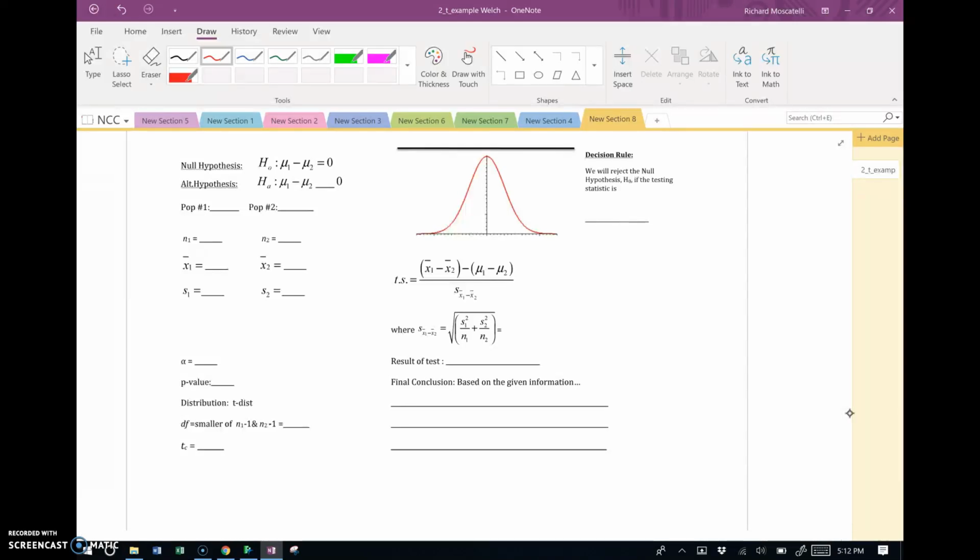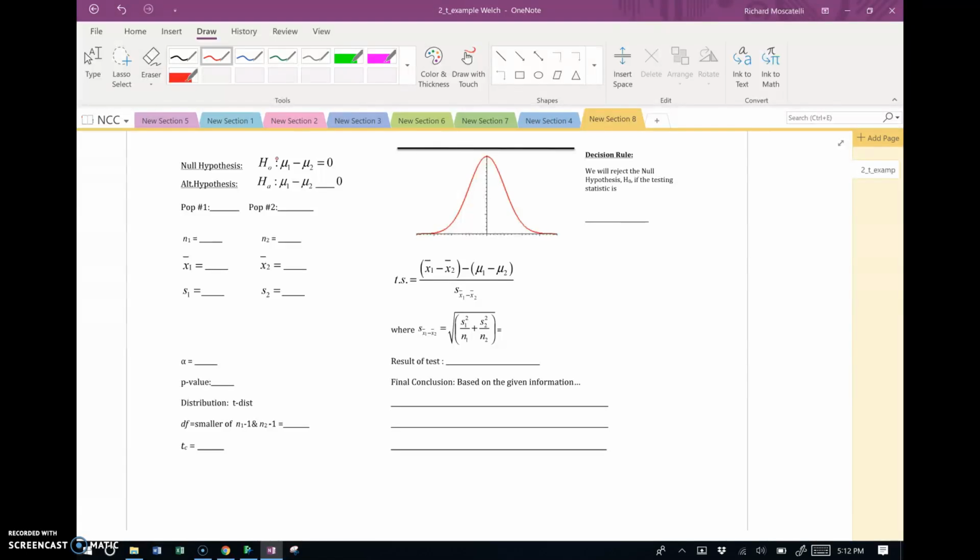But I know from experience when we use JMP, JMP, I believe, does the test in a certain direction. And I believe it always looks at the populations and subtracts them in the opposite direction that we have them listed here. So I think it would be best for us to go to JMP first and let JMP do the difference for us.